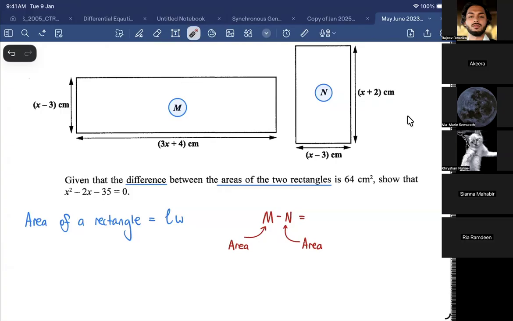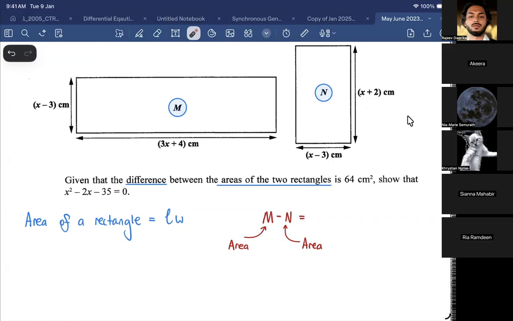So he is saying that it'll be equal to 64. So Akira, Nia, Ria, he's saying that M minus N is equal to 64. Y'all agree with that? Yes, sir. All right. Ria, you okay with that? Yes, sir. All right.